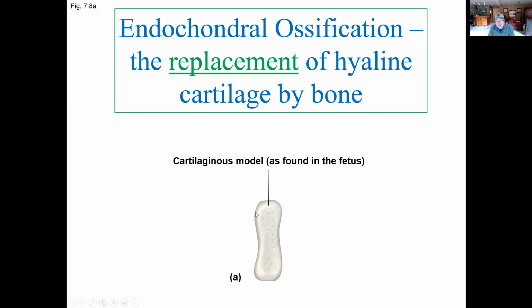So let's pretend we have in the fetus what will become the future femur. We'll call it a cartilaginous model. This is hyaline cartilage. So we've got chondrocytes in lacunae, just like we said we find in hyaline cartilage.